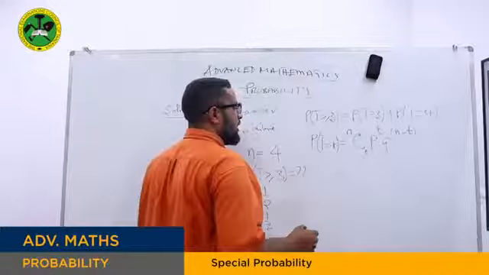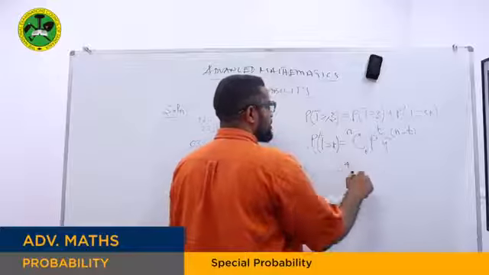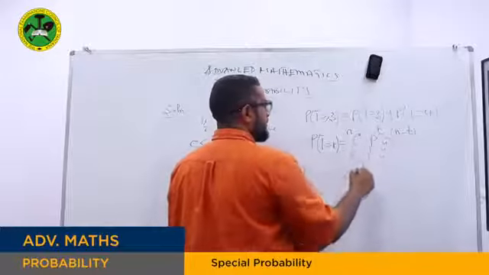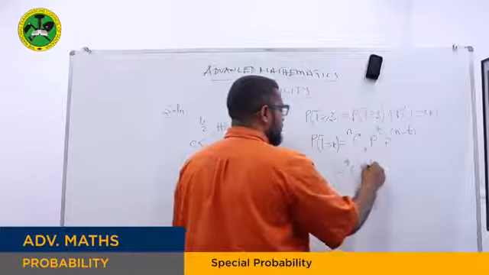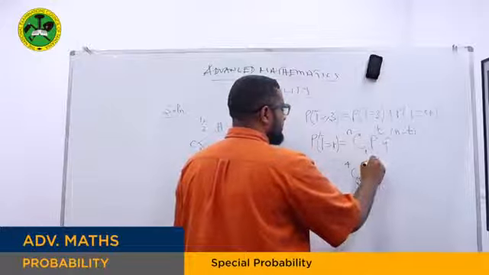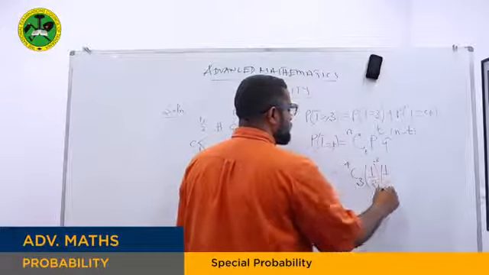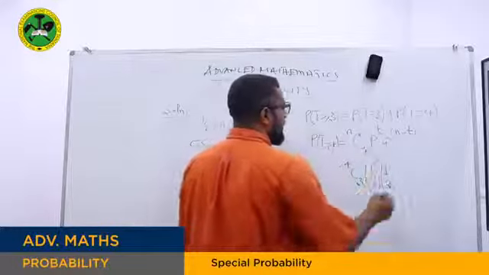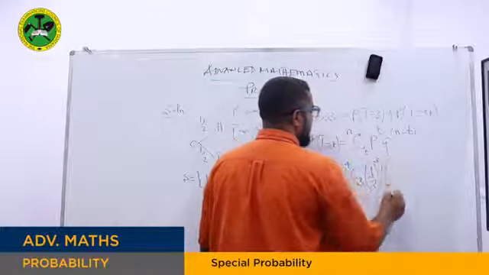Now it's time to plug in. So our n is 4, so it is 4 combination, our first t is 3, so writing 3. P is 1 over 2, raised to t, our t is 3. Again, q is 1 over 2, raised to n minus t, our n minus t is 4 minus 3, which gives us 1.